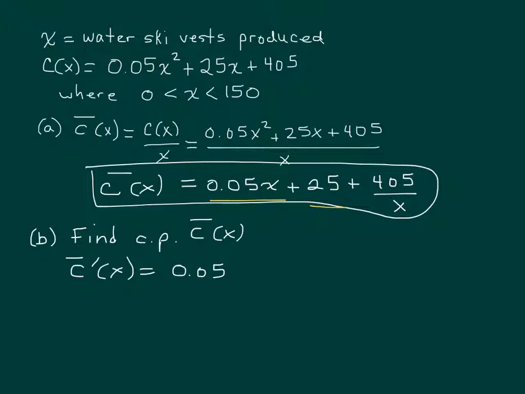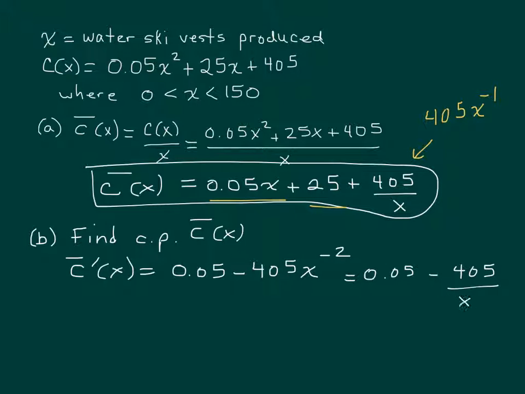The derivative of 25 will be 0, so that goes away. The derivative of this piece, you can rewrite it as 405x to the negative 1. So you bring down the negative 1, that's how this becomes negative, and then you subtract 1 from the exponent. I could rewrite it as 0.05 minus 405 over x squared.